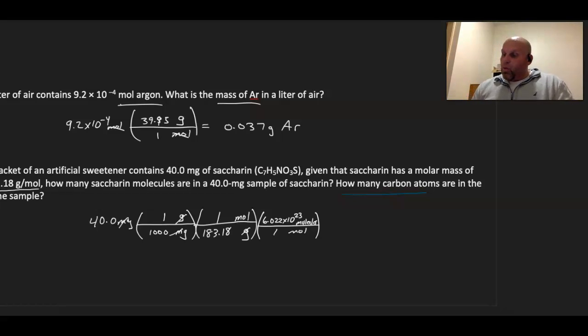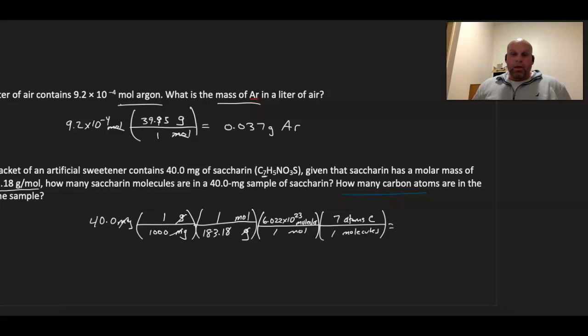I just would have taken one more step, and that step would have been in 1 molecule of saccharin. I have, if I look at my molecular formula, my formula here, I have 7 atoms of carbon.